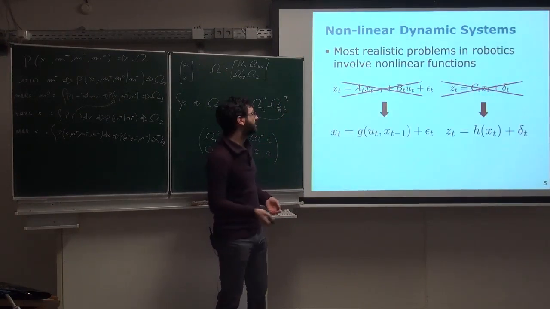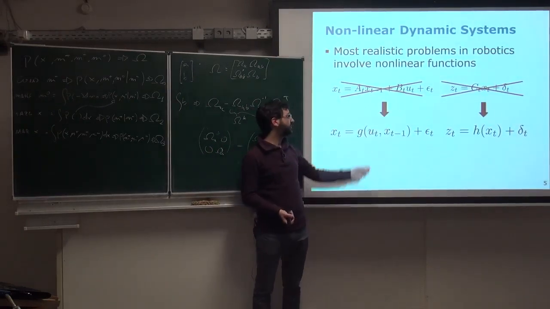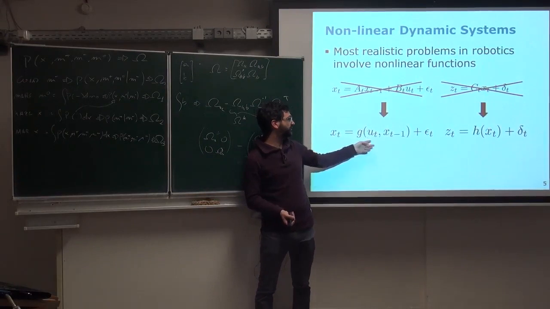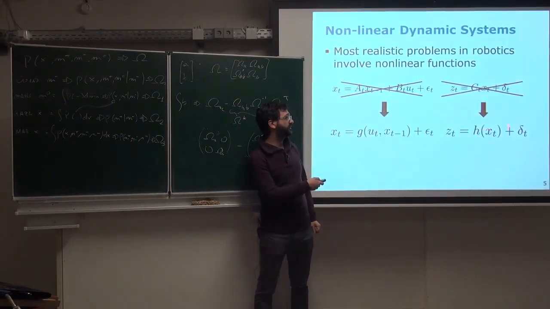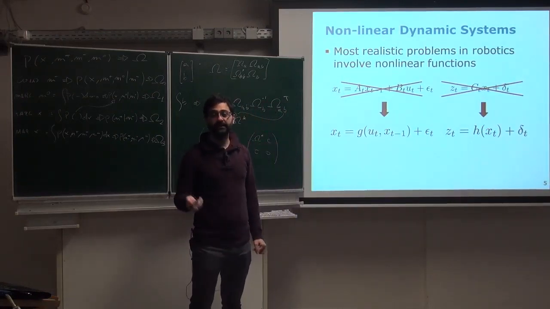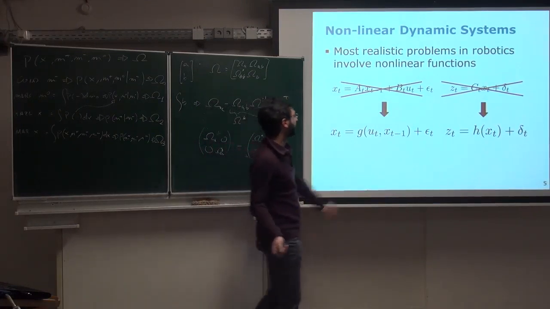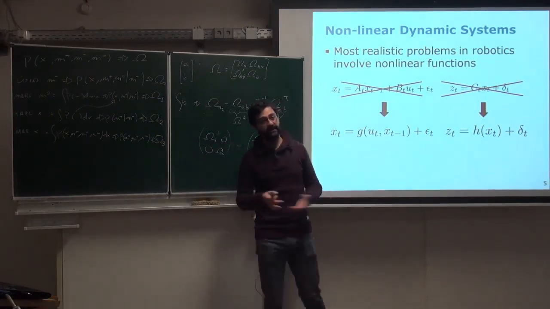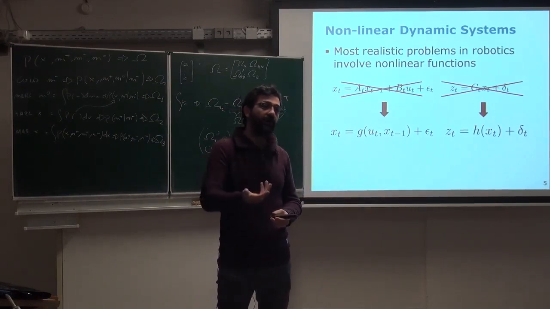The problem is that we normally don't have that in a lot of physical systems. What we have is a nonlinear function of the input and the state, and the same thing for the observation: a nonlinear function of the state. The initial way of approaching this is to linearize these functions and use the linearized version as an approximation of our models.